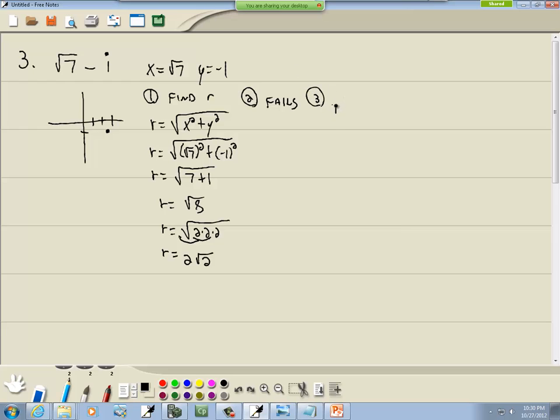We try to use tangent theta is equal to y over x. And so tangent theta, y is negative 1 over x, which is square root of 7. And I could try to simplify that if I want to, but there's no need, because we're immediately going to take the inverse tangent, or arctangent, of both sides.